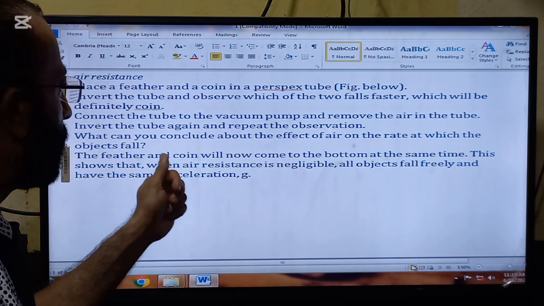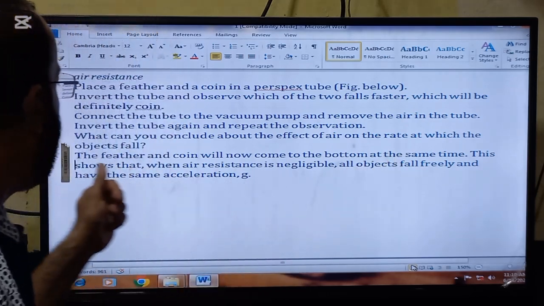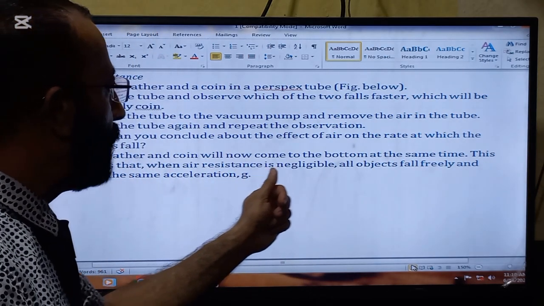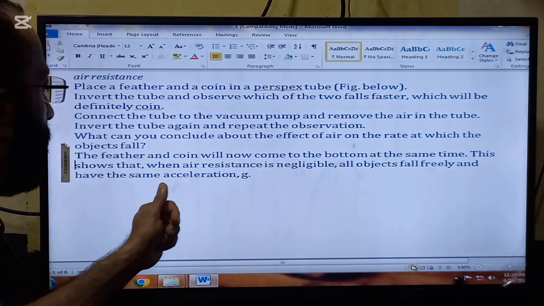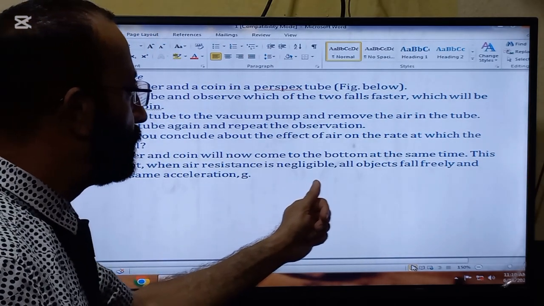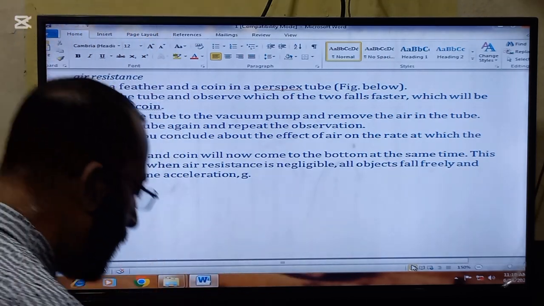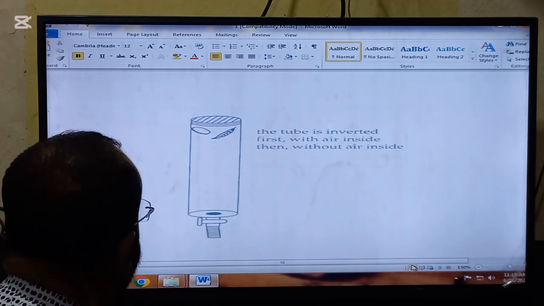What can you conclude about the effect of the air on the rate at which the objects fall? The feather and the coin will now come to the bottom at the same time. This shows that when air resistance is negligible, all objects fall freely and have the same acceleration, that is acceleration due to gravity.